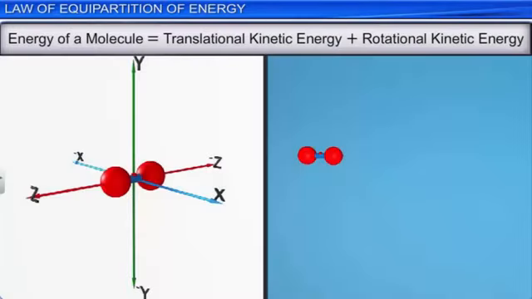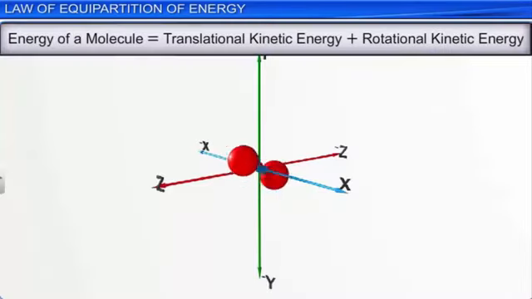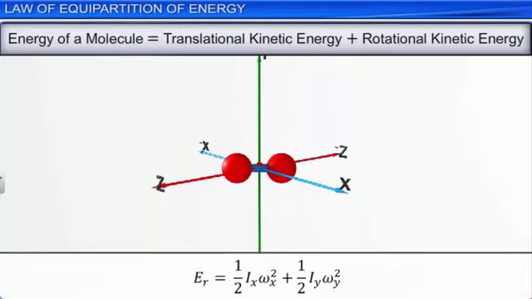Because the molecule has 2 different types of motions, it has rotational kinetic energy in addition to translational kinetic energy. Since the molecule can rotate about 2 different axes, the rotational kinetic energy, ER, is equal to half Ix omega x square plus half Iy omega y square.